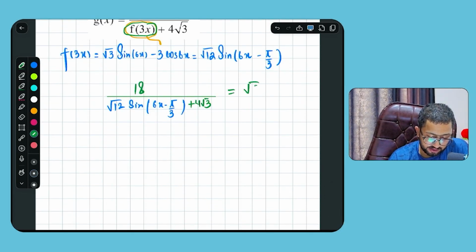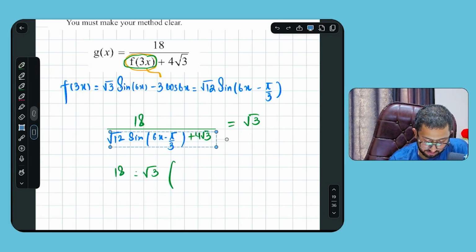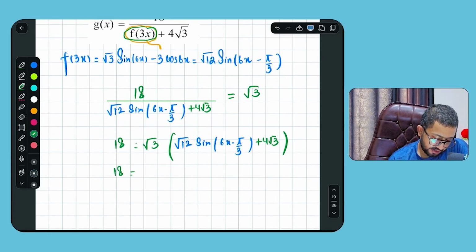So put this function equal to square root 3. And now simplify. 18 equal to square root 3 will multiply with this term. Shift square root 3 inside the bracket.